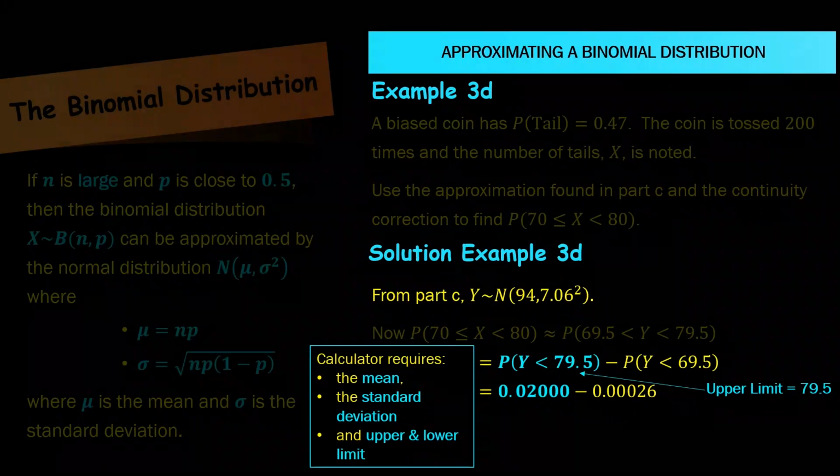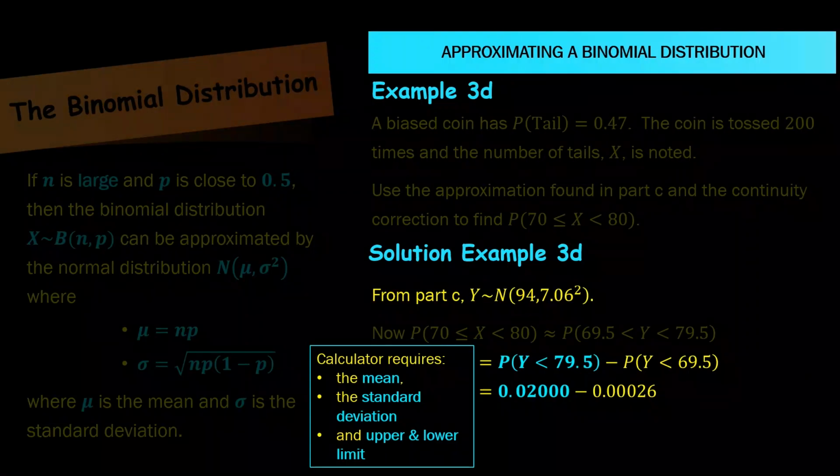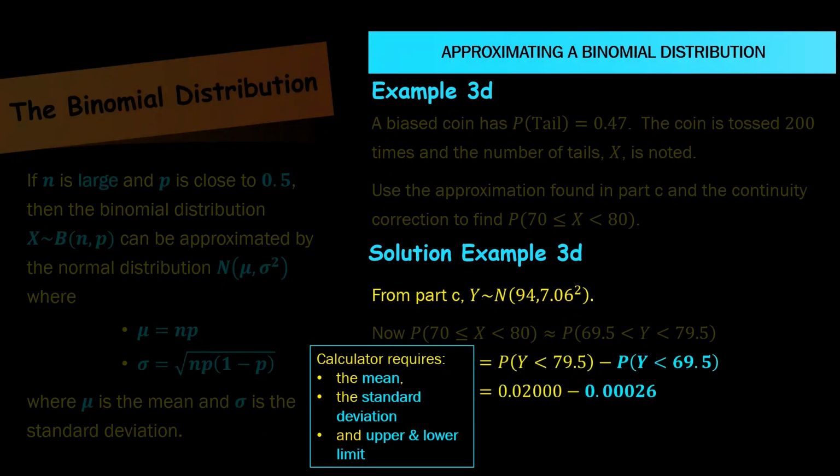Similarly, we can find the probability that y is less than 69.5, and inputting the mean, the standard deviation, and the upper and lower limits in our calculator will give us 0.00026.